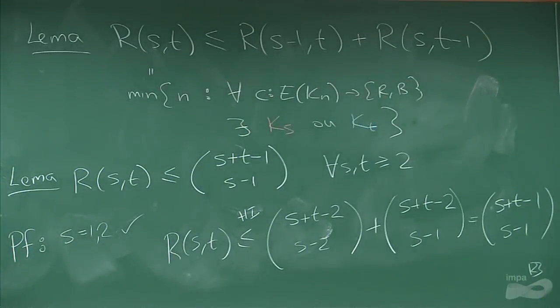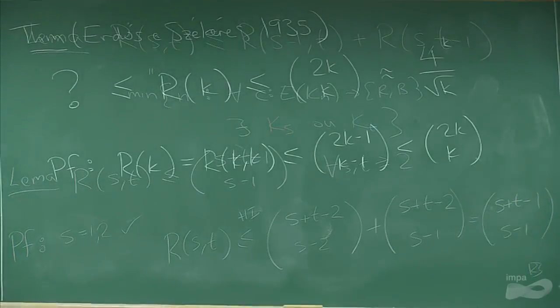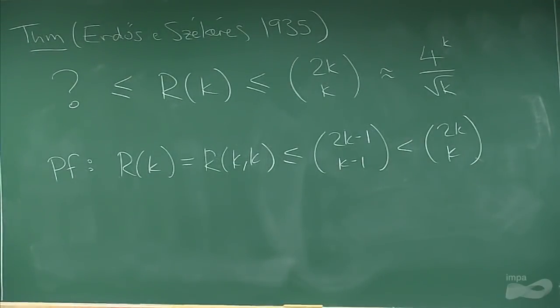I find it strange that the bound is not symmetric in S and T here. So should I have a 2 there instead? Sorry, I can have a 2. Thank you. Yeah, and it worked here as well, right? I was being silly. When s equals 2, it worked.